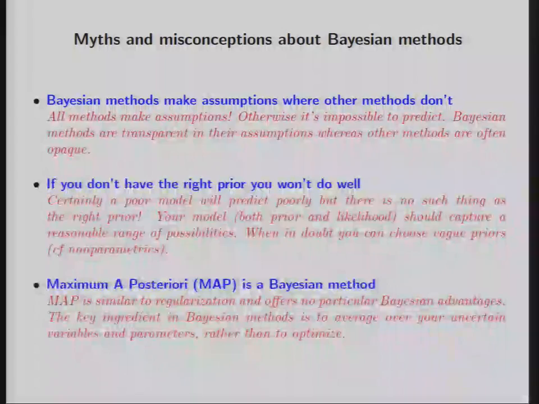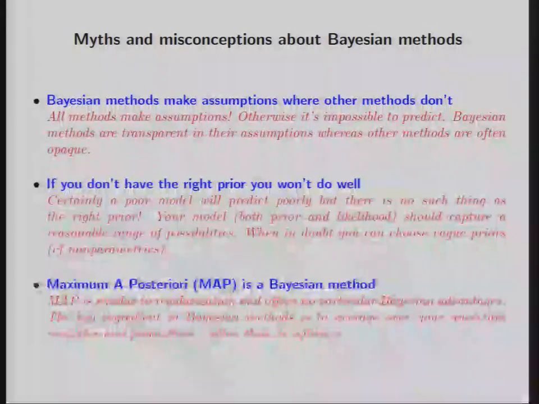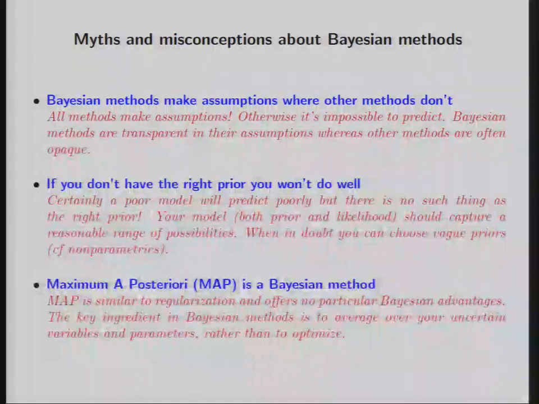It's invariant to that reparametrization. MAP is not invariant to reparametrization. So whether I called it a variance or a standard deviation or a log variance actually matters when I do MAP. That just seems terrible, all right? That's totally irrelevant information. It shouldn't matter.